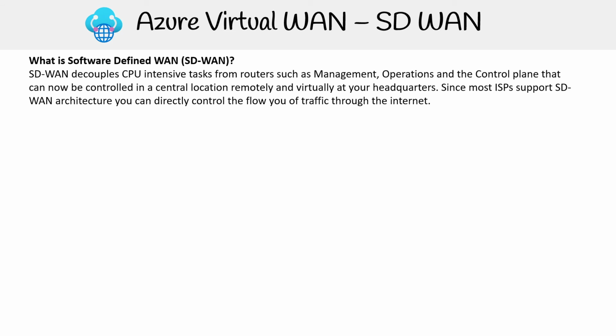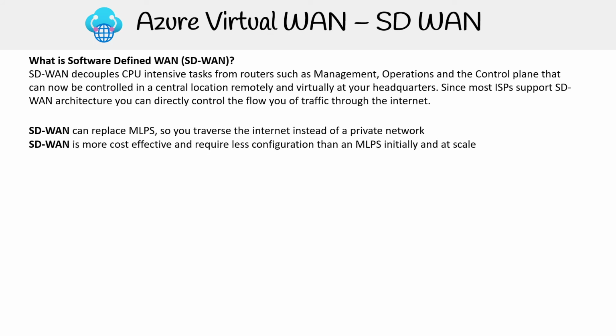All this is now pushed into a central location, remotely and virtually at your headquarters. Since most internet service providers support SD-WAN architecture, you can directly control the flow of your traffic through the internet. So SD-WAN can replace an MPLS, so you traverse the internet instead of a private network.